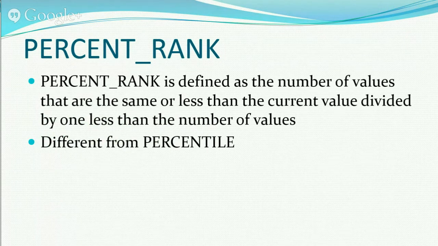So meaning if you've got 10 values and you've got 5 in there somewhere, it just figures out what percentile or what percent rank through that entire scope it's going to come at. Percentile is different. We'll look at percentile in a bit. Percentile tells you where you fall amongst all of the values.